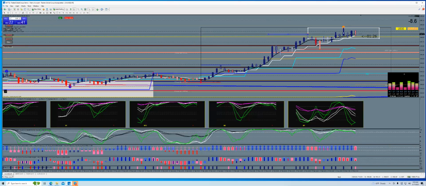And you have a lot of hesitation, right? 1 push up, 2, 3 pushes up. This is the 4th push up, and we're still in the same area. So it could be that they're enticing people to go long and then drop it.